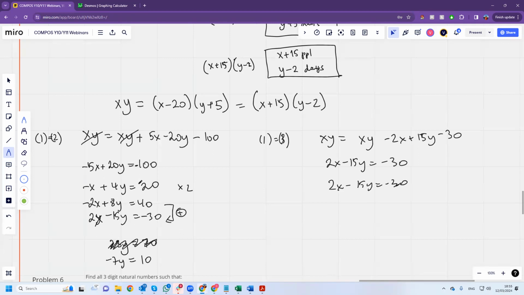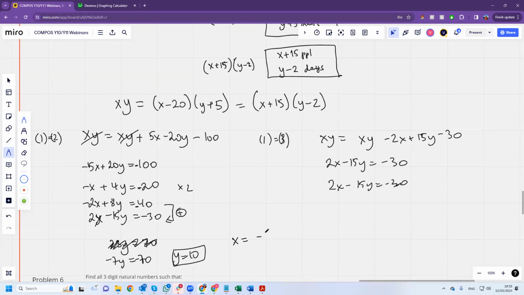Equals minus. I'm very sorry. This is minus 70. Yes. And then y is 10. Okay. And x, we can find x.